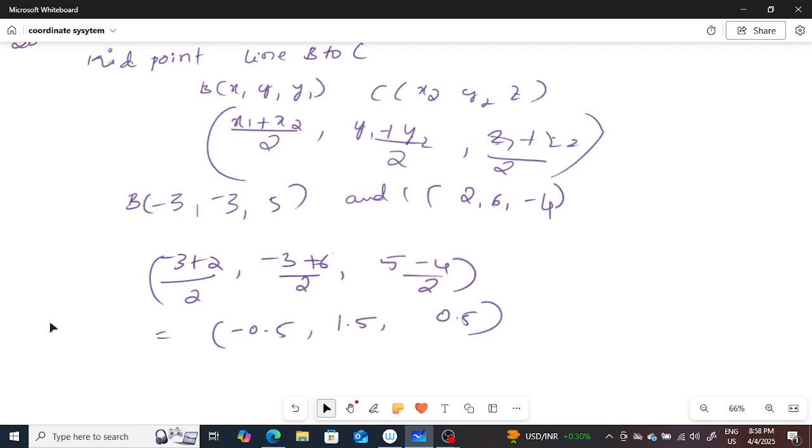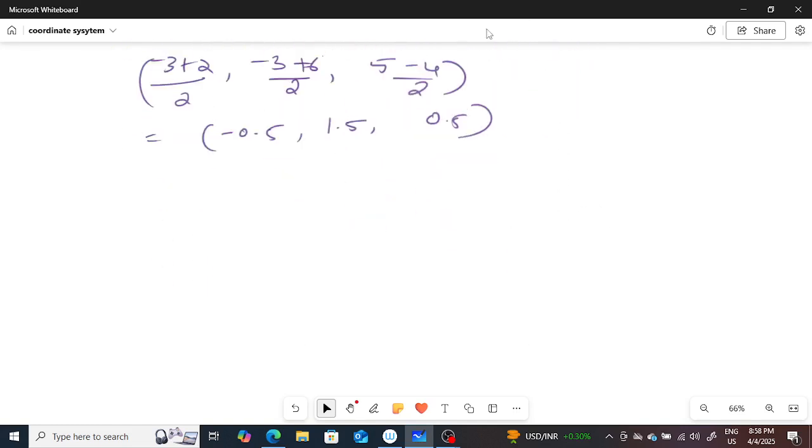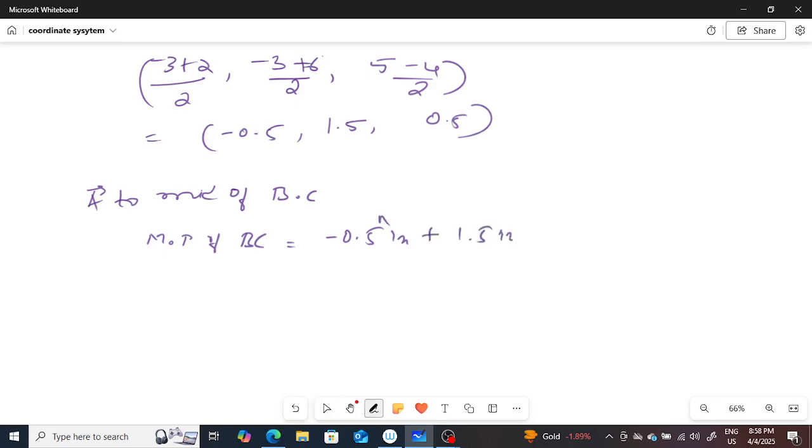What is the question here? Vector from A to the midpoint of the line joining BC. So write the vector of the midpoint of BC, that is -0.5 ax plus 1.5 ay plus 0.5 az, right?